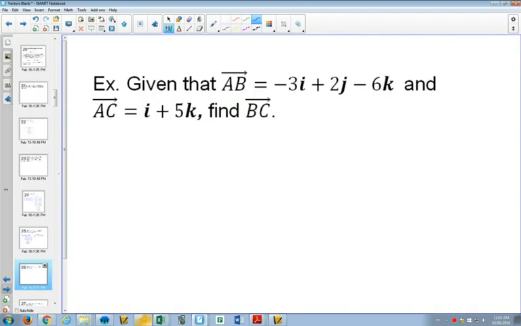So read this one. Again, we've got a point A, we've got a point B, we've got a point C. What's different about this question than our previous ones? We've got to do some subtracting this time, because we want to find B to C, so we want to find this.